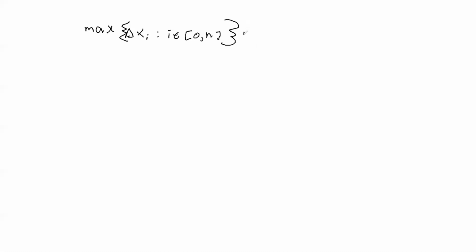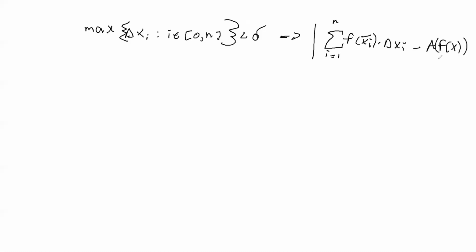So we're saying if that's less than delta, then that implies that our sum of the approximate area under the curve minus the area of f of x is less than epsilon for all epsilon greater than 0, we could say that it's integrable.